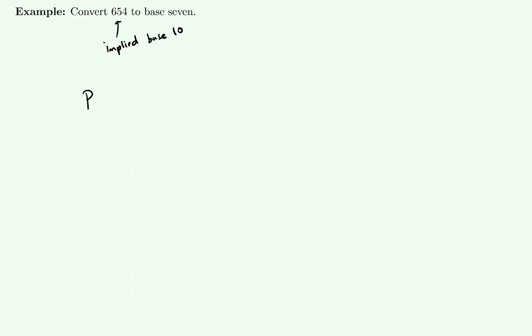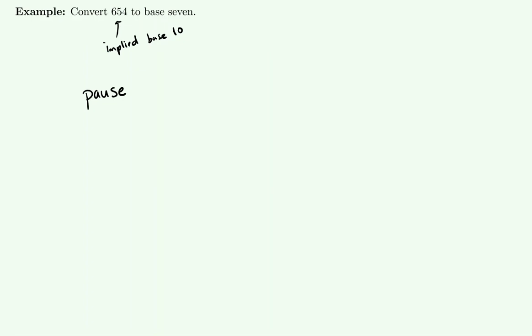Now in this example, we've got convert 654 to base 7. Whenever there's no subscript, remember that's an implied base 10. So in this case, you could choose either method 1 or method 2 to work through this answer. I'm going to recommend that you pause the video and, based on whether you prefer method 1 or method 2, work out your problem.